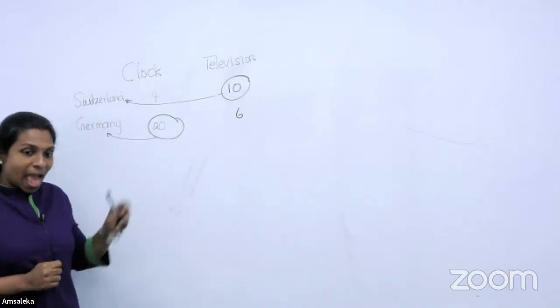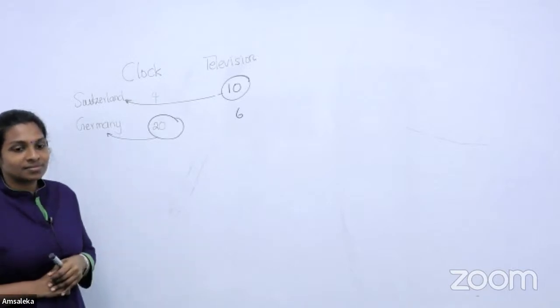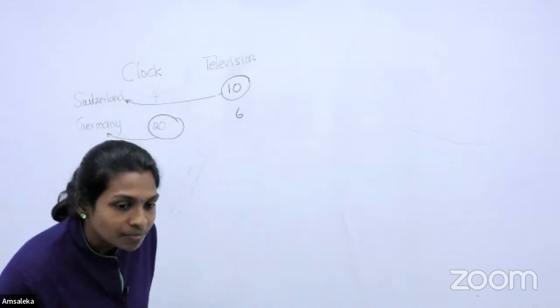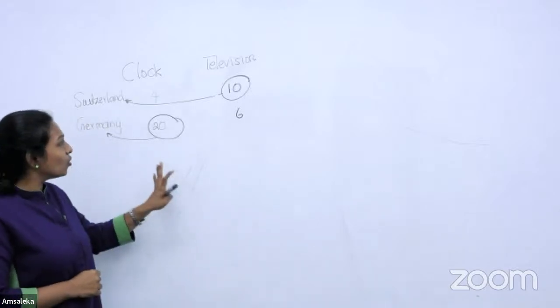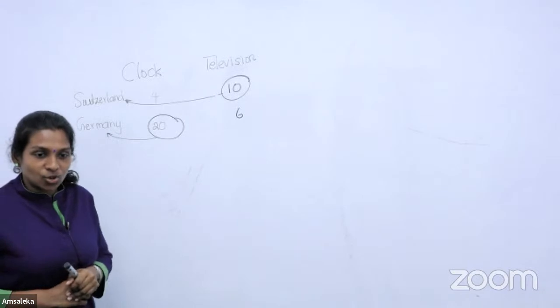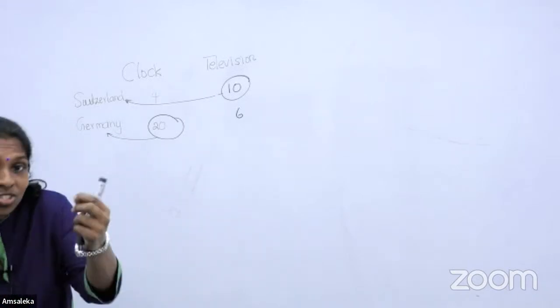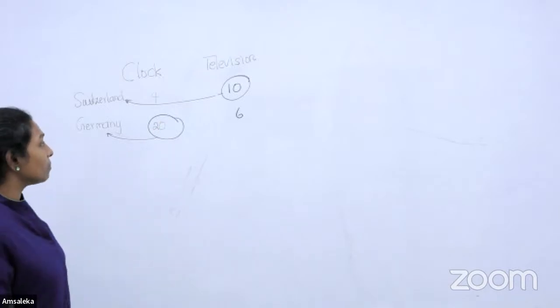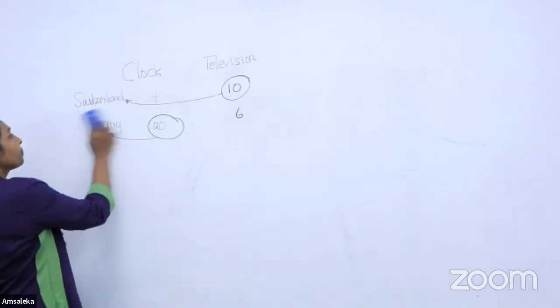Understood? Absolute? Okay. Now we can go for comparative. Very good. You all are responding, which means you are with me in my explanation. I'm so happy. God bless you all, everyone.